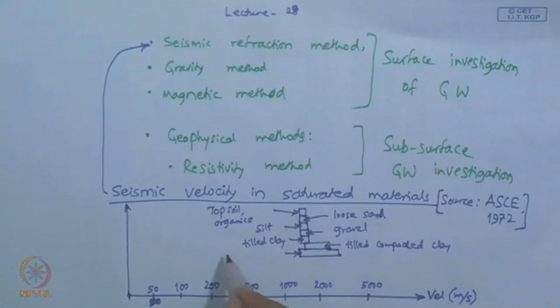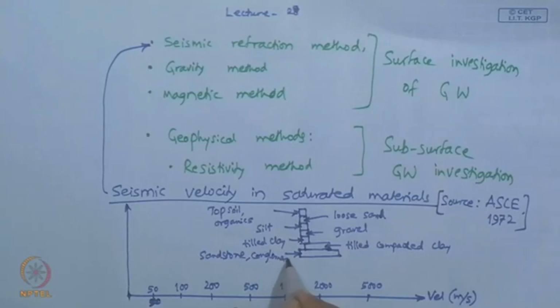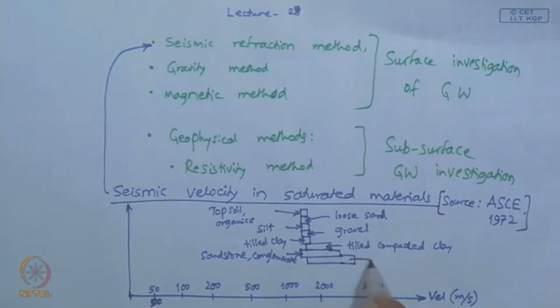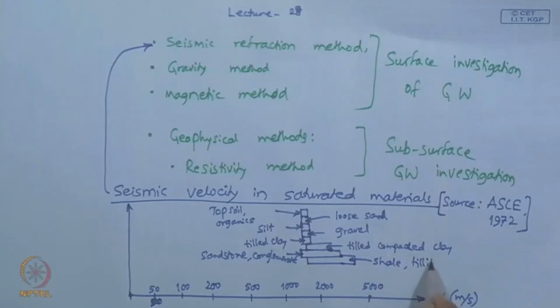This is for sandstone and conglomerate. Next is shale, tillite and argillite, which will have a higher range.